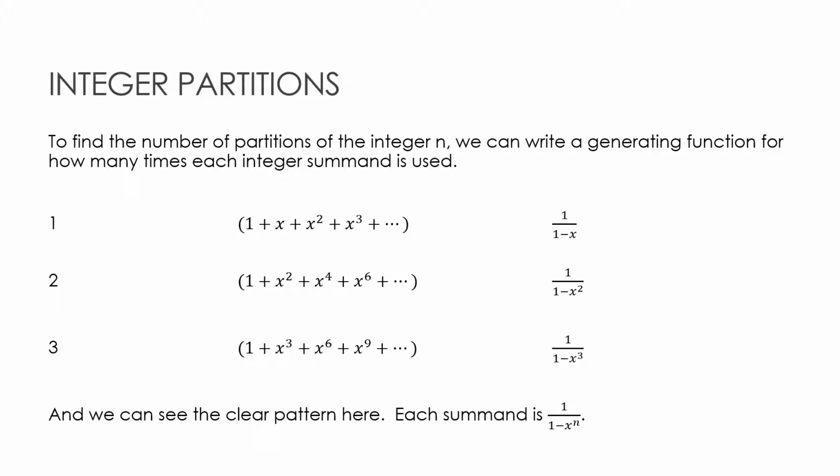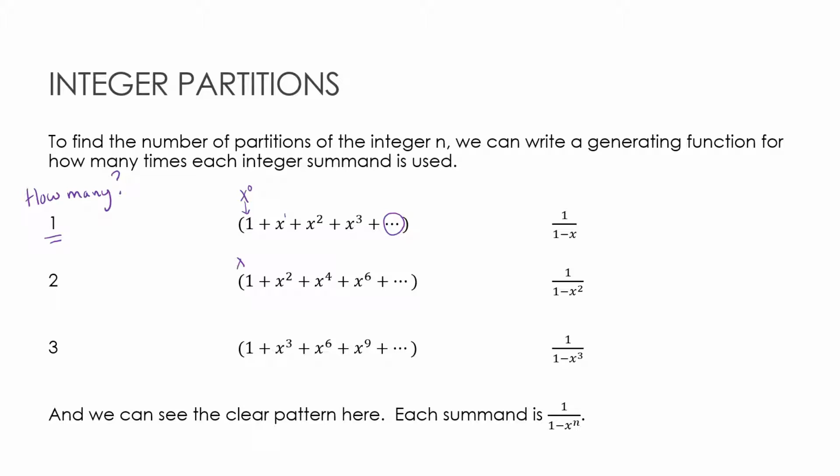Essentially, how we do this is we look at how many ones would I use. Well, that generating function would be that I could use 0 ones, which of course x to the 0 is 1. I could use 1 or 2 or 3, etc., all the way to infinity until whatever n is that I'm trying to solve for. How many 2's?